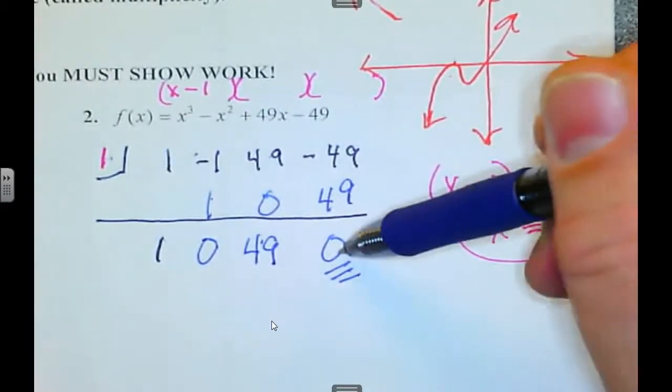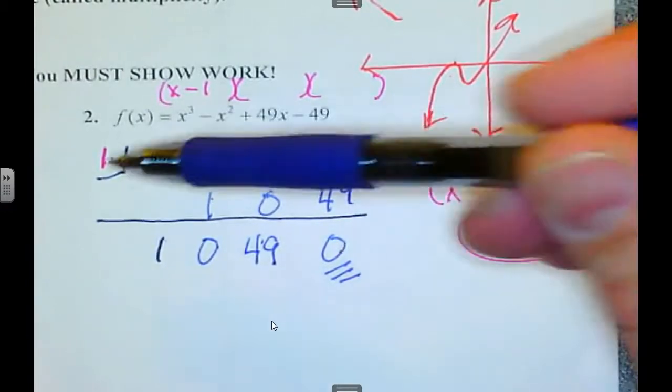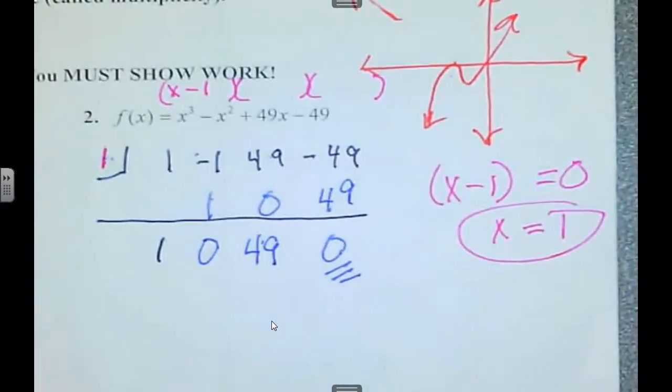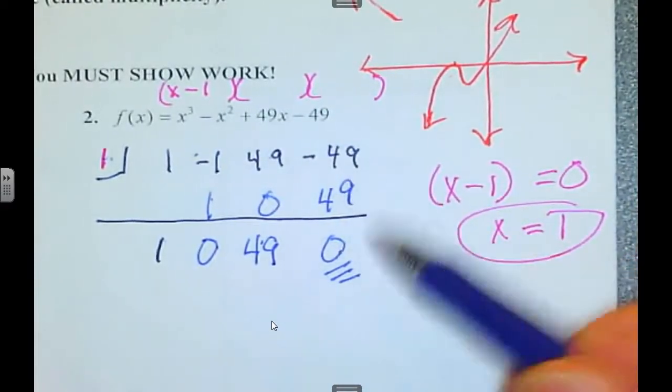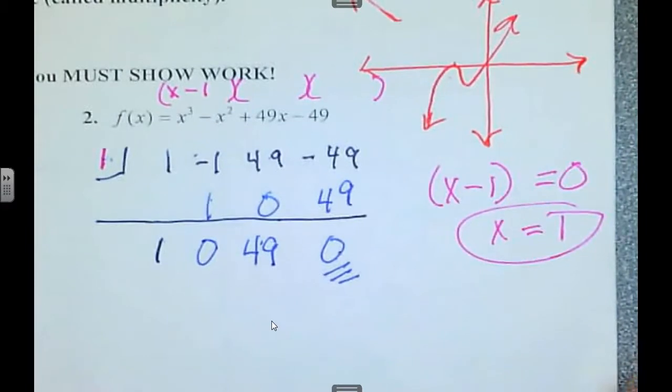The reason why you get a 0 there is because we are dividing by one of the solutions. Okay, so if you get a 0 there for your last one, if you don't get a 0, you did something wrong.